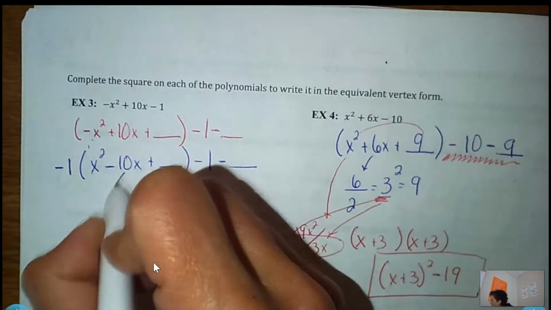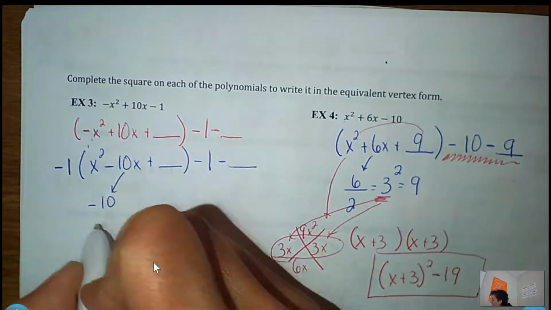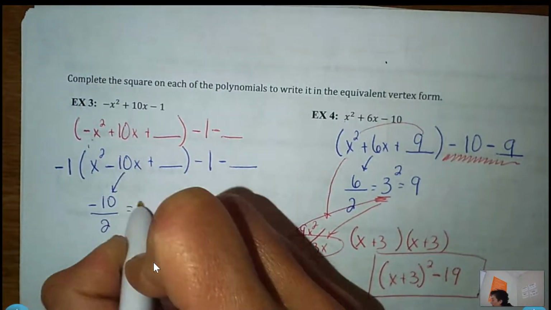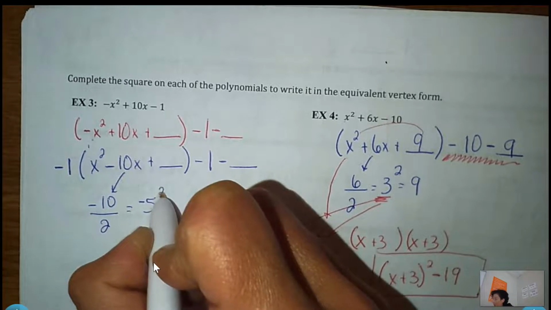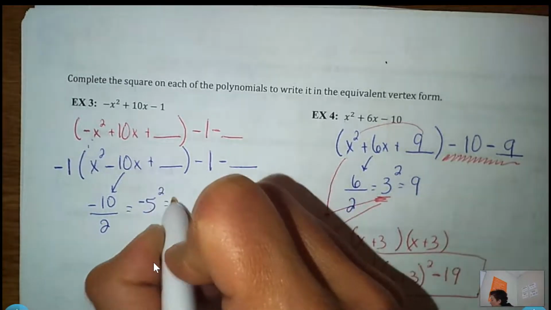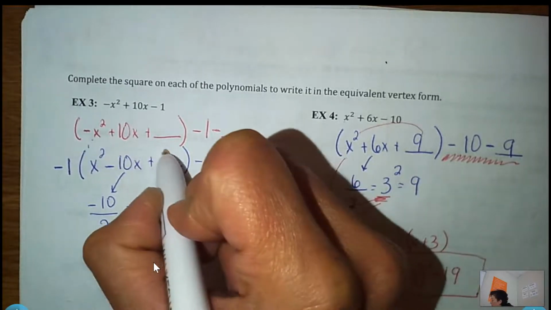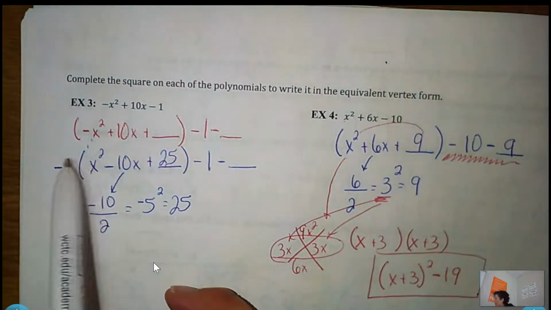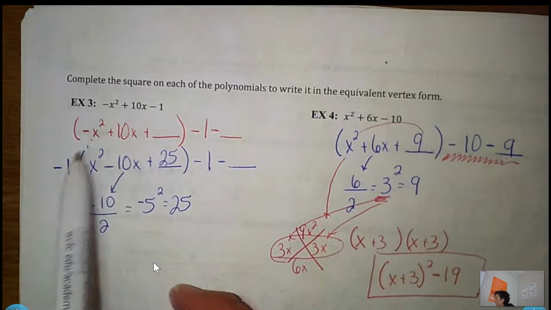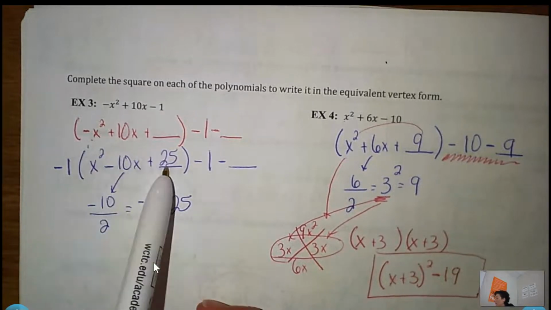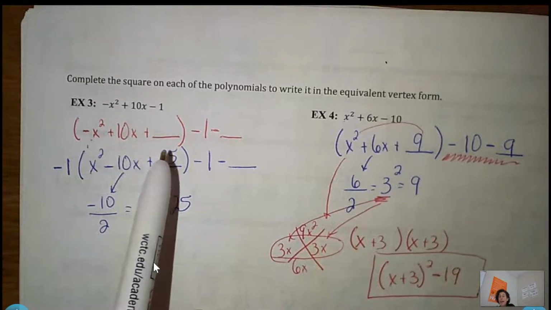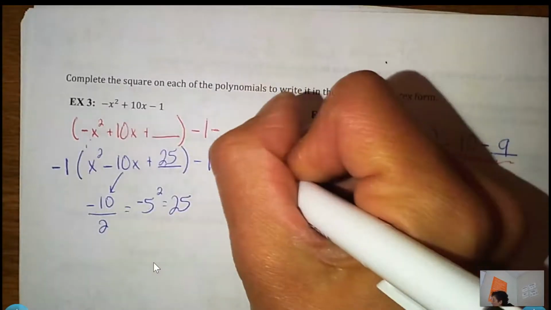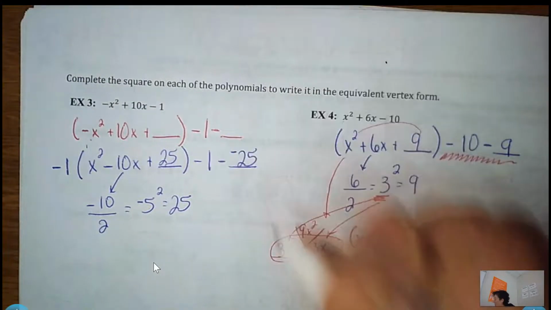And I'm going to take this number, I'm going to cut it in half, and then I'm going to square it. Negative 5 times negative 5 is 25. The 25 will go here. And I'm going to check for my bunny hop. So even though I wrote 25, when this -1 bunny hops to 25, or the neighbor meets the neighbor, you get -25. So you really have added -25, which means I'm going to subtract -25.